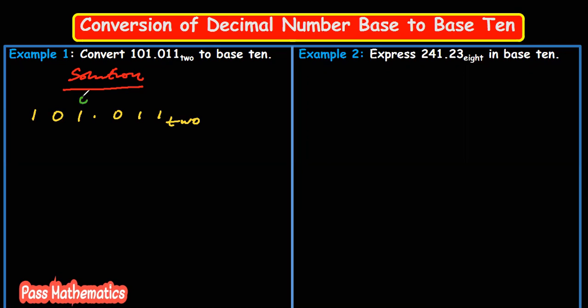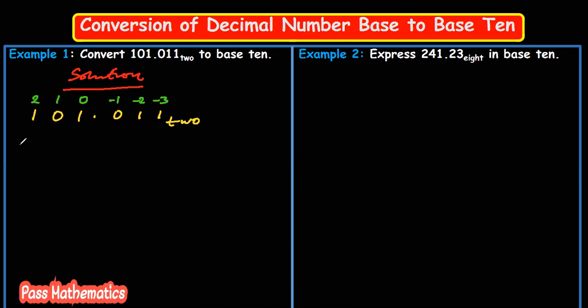So we give the power starting from 0 from the right to the left in the whole number part: 0, 1, 2. And then the decimal part, we are going to start from the left to the right now. But this time we're not going to start with 0. We are starting with a negative number: -1, -2, and then -3. These will be the powers.